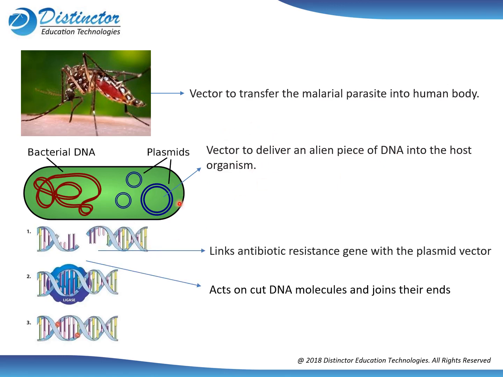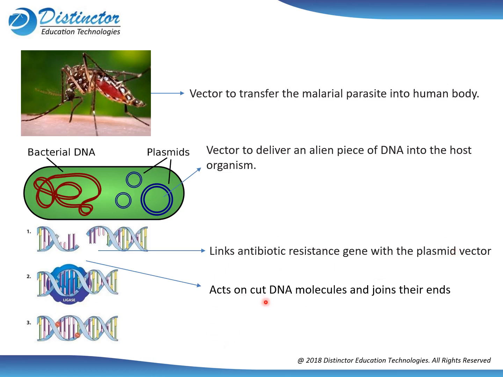So how do they seal the gaps present in the plasmid or gene? They use an enzyme called DNA ligase. They use this DNA ligase to link the antibiotic resistant gene with the plasmid vector.